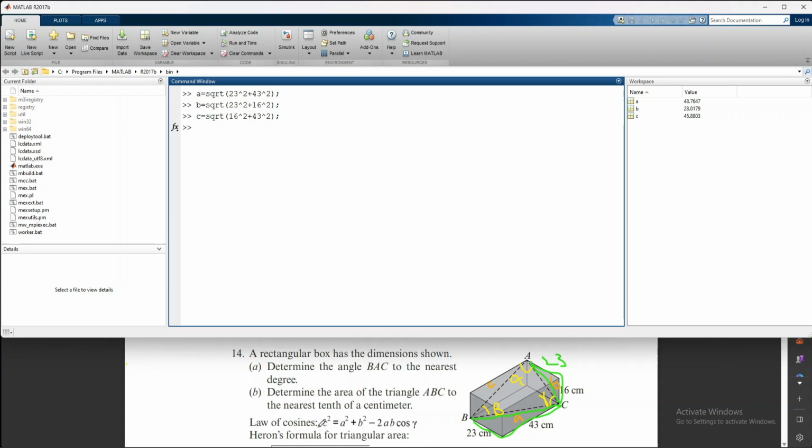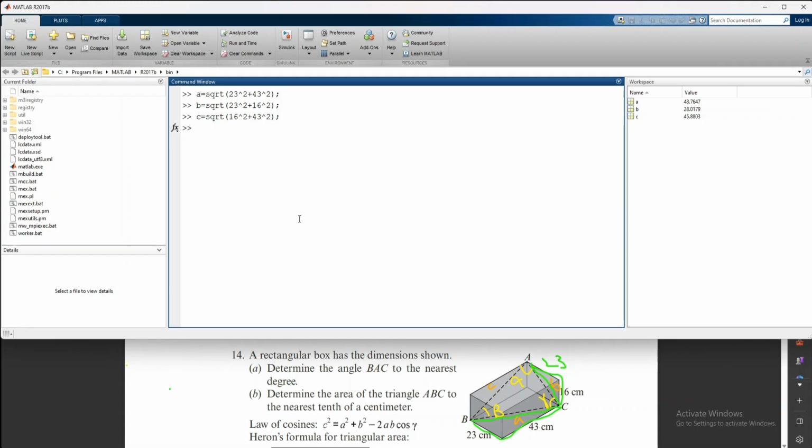Now we can use the law of cosine. c square is equal to... we want to find gamma. Gamma is equal to the formula for gamma. We are going to rearrange the law of cosine, and the formula becomes cos inverse.